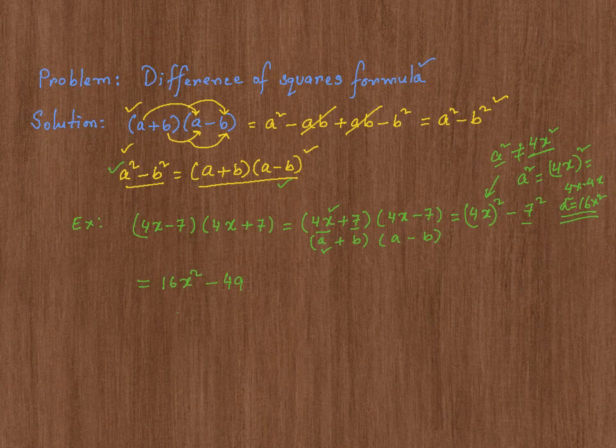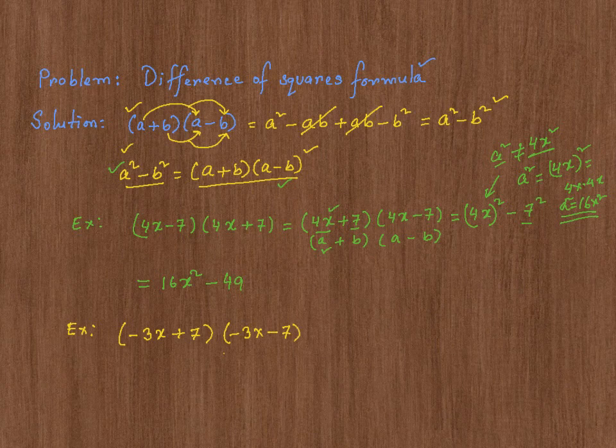Now let me give you another quick example. In this example, I'm going to come up with a slightly different version of the previous problem. So let's say I had negative 3x plus 7 times negative 3x minus 7.